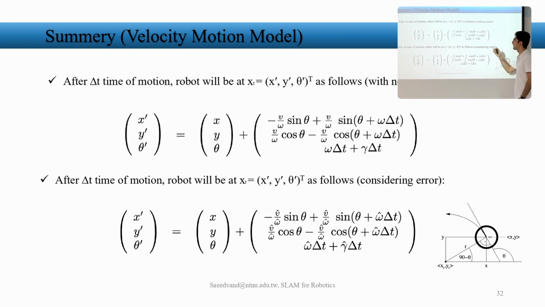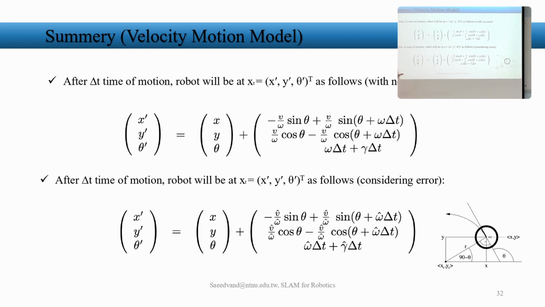Later we saw that this velocity control command is not enough because we have error, and we added the error by replacing v and w with v hat and w hat. We saw what is inside each one of these, replaced them in the equation, then added the final error for the final rotation, and then we achieved the velocity motion model.